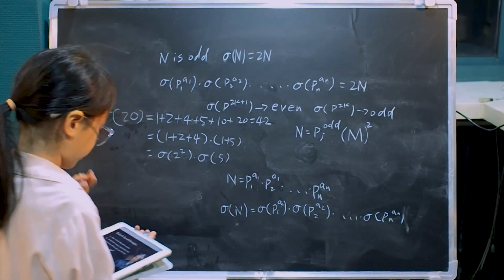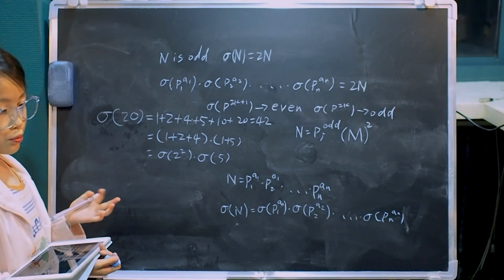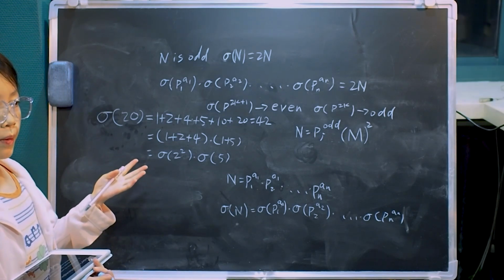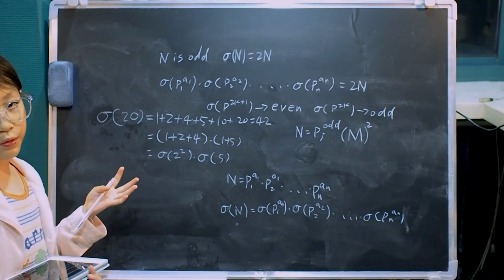And third, Euler proved the problem about the odd perfect number.